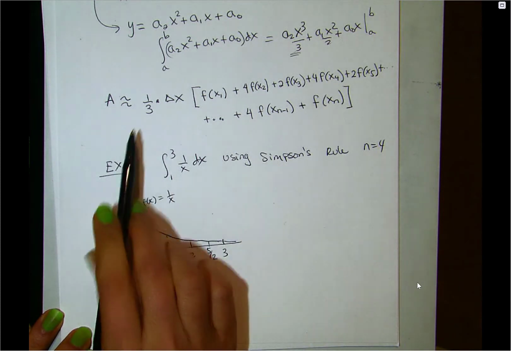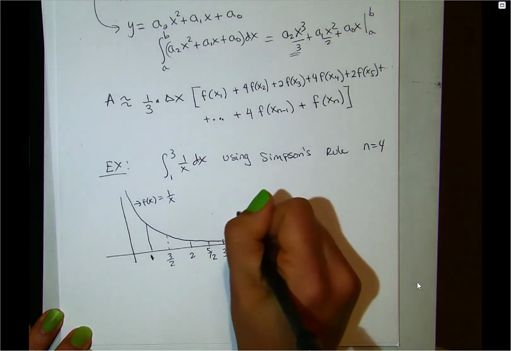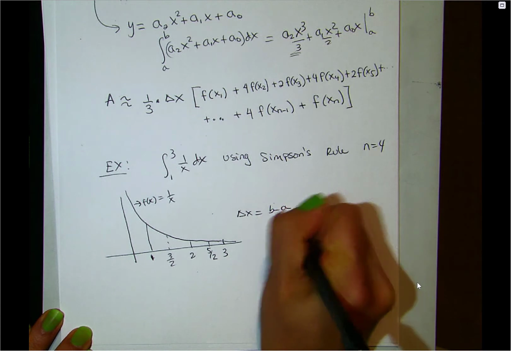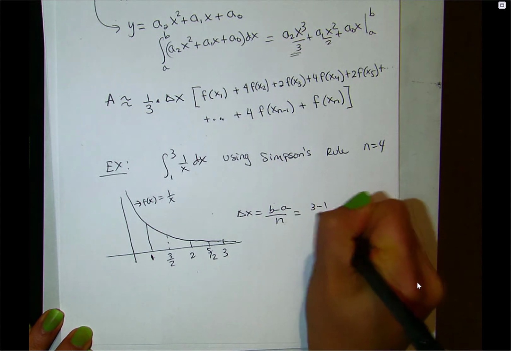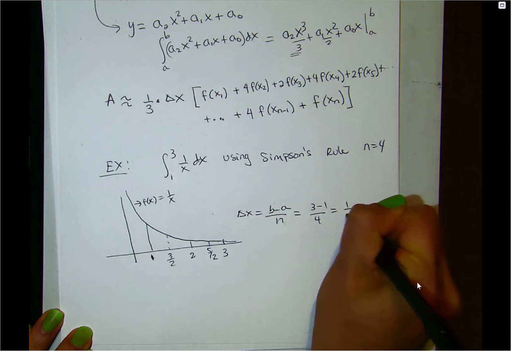So those were our same endpoints from before, or interval points. According to the formula, delta x is (b minus a) over n, so we still get (3 minus 1) over 4, which is 1/2.